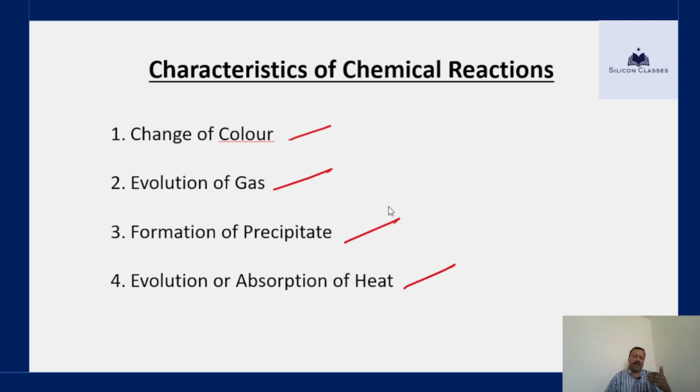So these are the main characteristics: if reactants react with each other and products are formed, the product may be a different color from the reactant, gas may be evolved during the reaction, a precipitate may be formed, or heat may be absorbed or evolved during a chemical reaction. So these are the characteristics of chemical reactions.